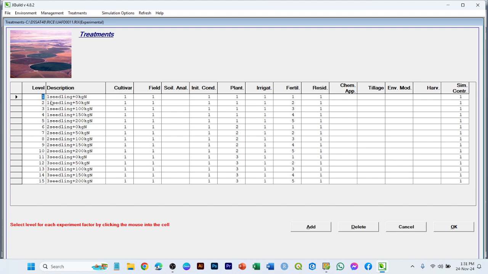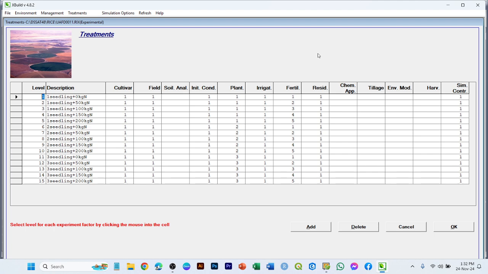So there are different types of experiments. This interface basically shows you all the exercise, all the work that you have done up till now, right from initial condition till chemical application. And all the things are embedded or completed in this slide of treatment.